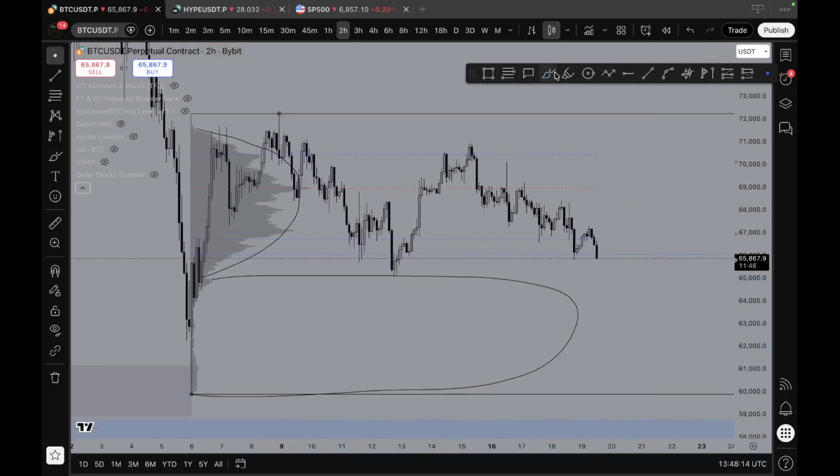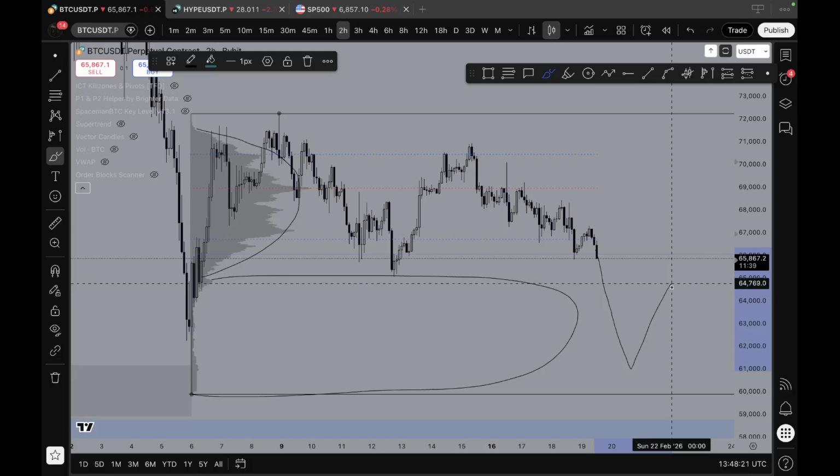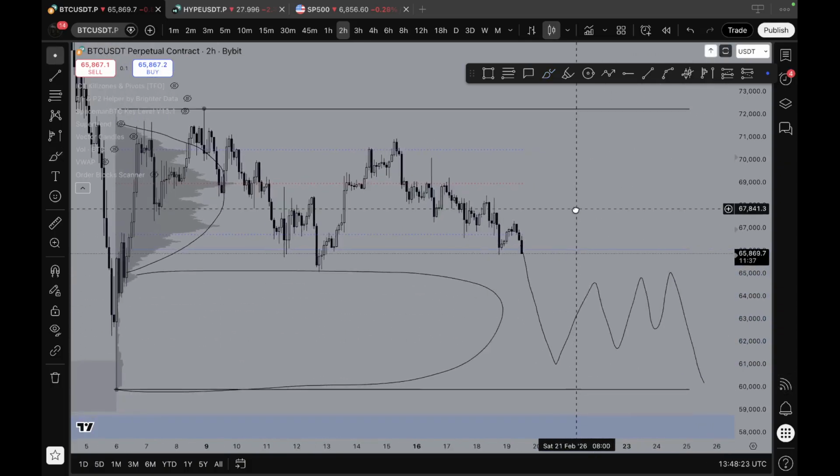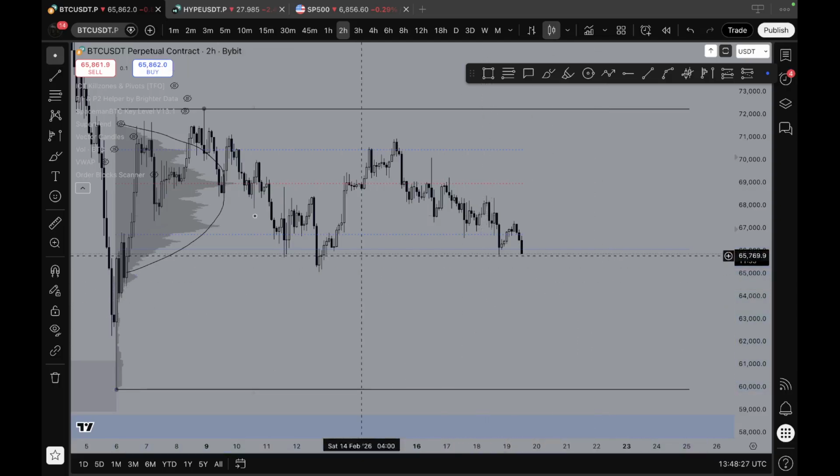That can mean this was the upper part of the range, the premium that we distribute now, and that we then get a new range for a while in the lower part of the range. So that's something to keep an eye on.